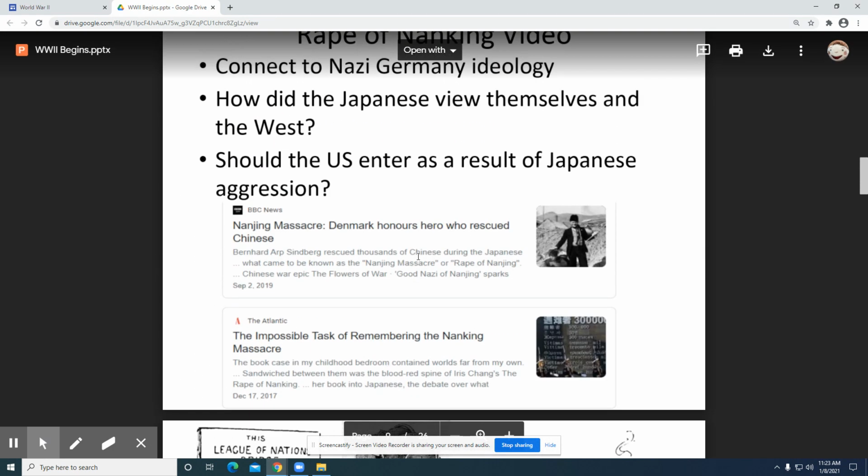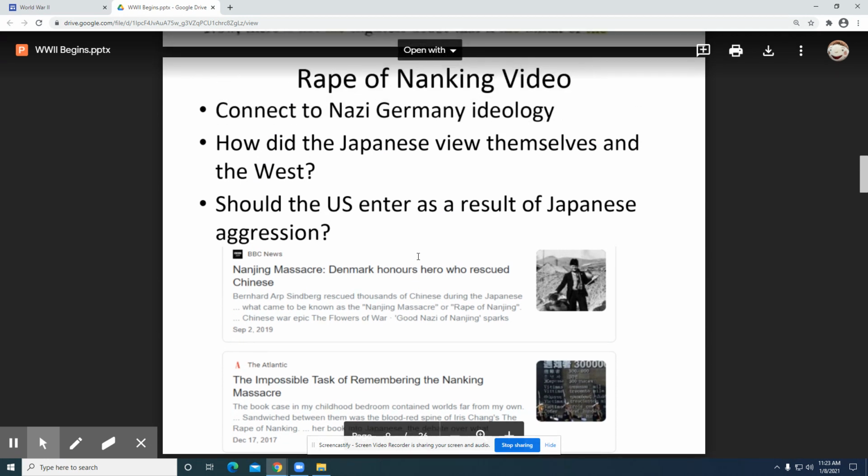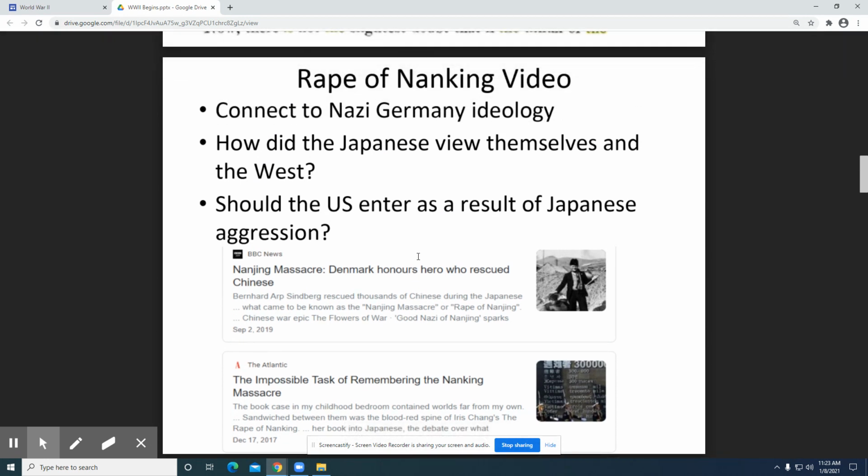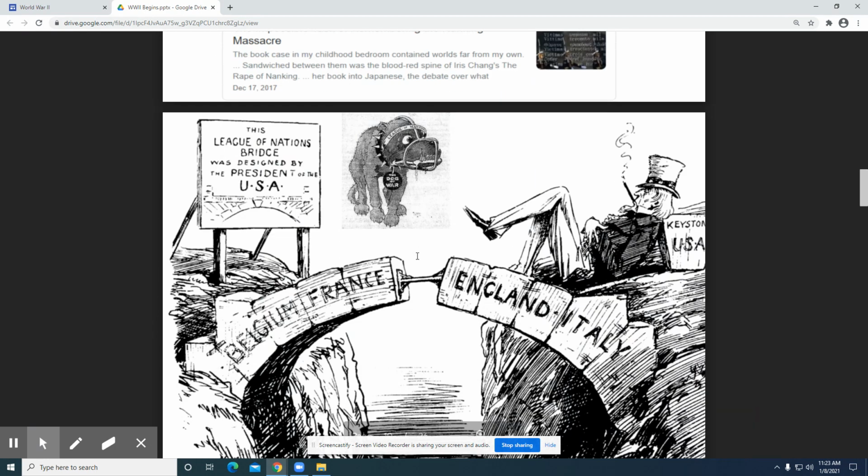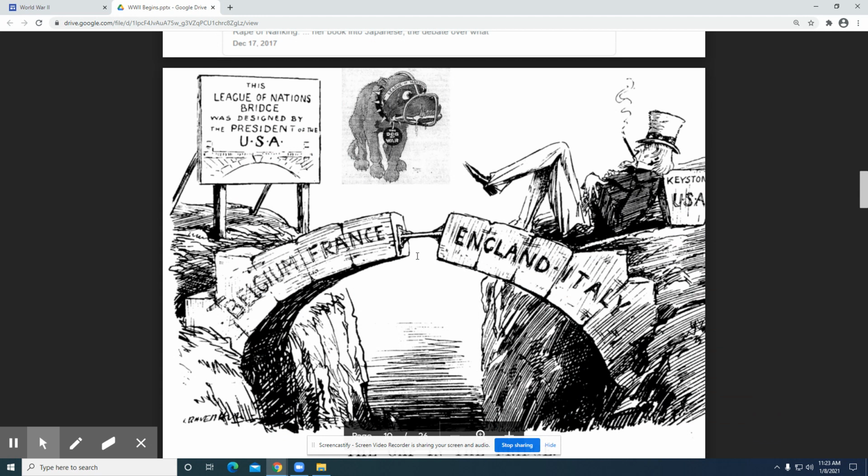That documentary is going to talk about Japan moving into Manchuria, moving into China, committing the rape of Nanking atrocity. And they do have a scene in the film that looks at the League of Nations, and you see the Japanese ambassador waving his fist, and he's very upset.